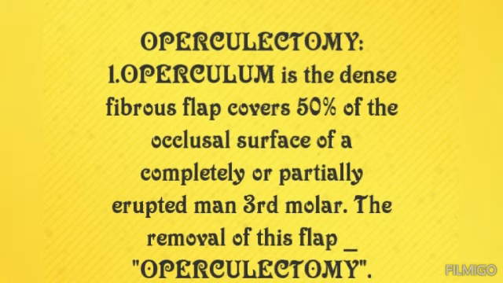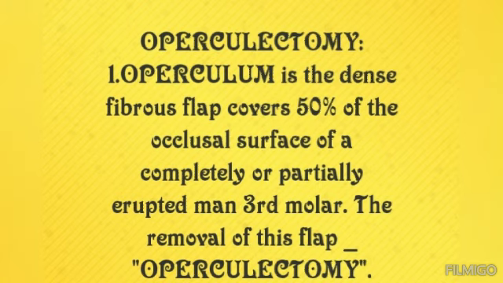The operculum is a dense fibrous flap which covers about 50% of the occlusal surface of a completely or partially erupted mandibular third molar. The removal of this flap is known as operculectomy.